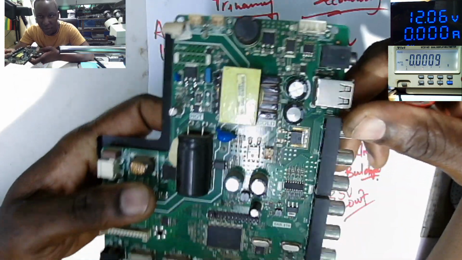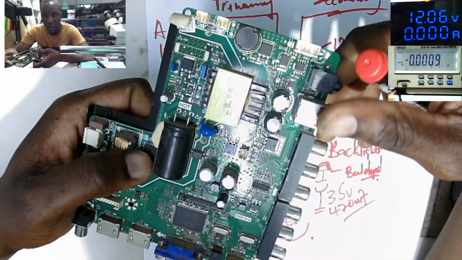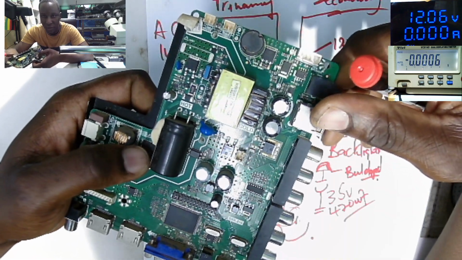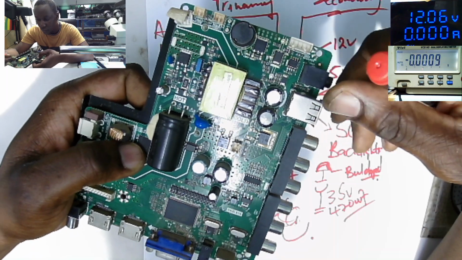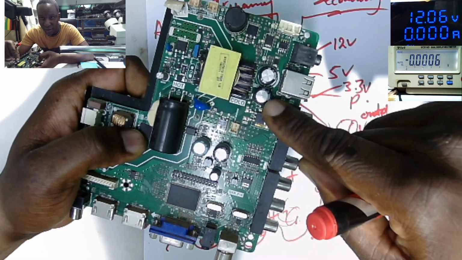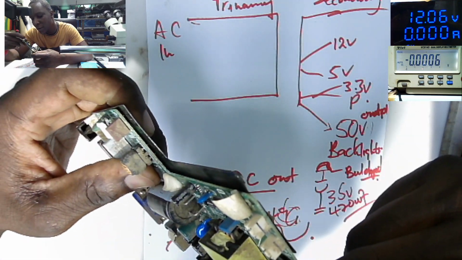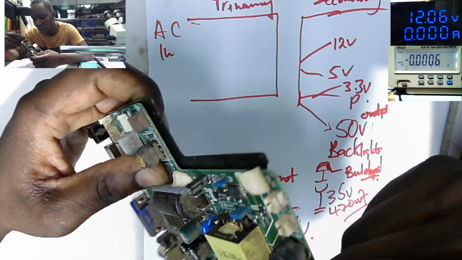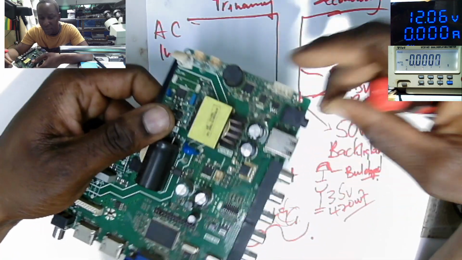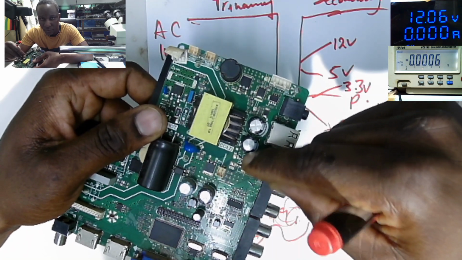So trust me, this is the most well paid job, because I found a lot of TVs with the same fault. Okay, so this guy, you see this guy here with a bump, that's 35 volts, 330 microfarads. Clearly that is our problem.